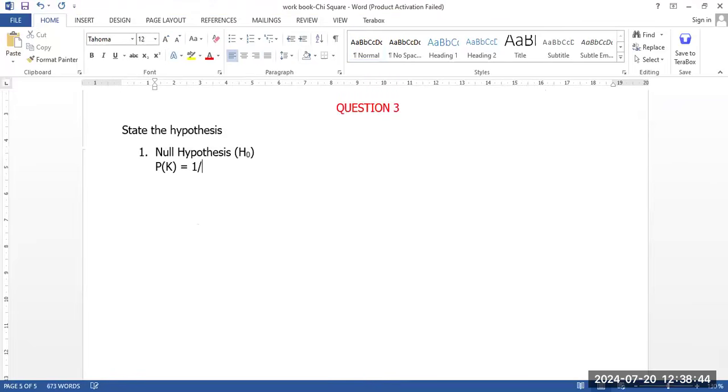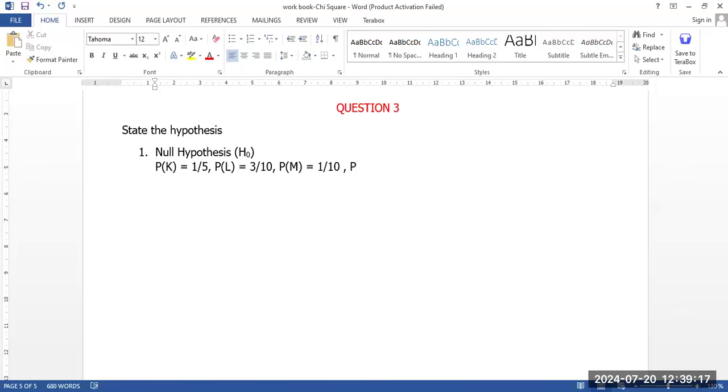Then the probability of L is 3 out of 10. Then next, the probability of M is 1 out of 10.